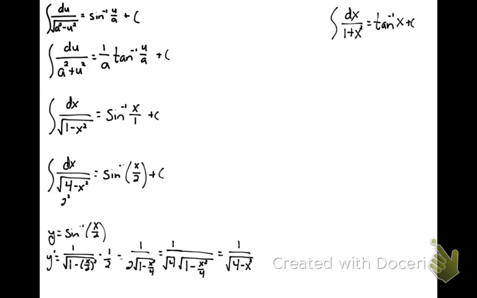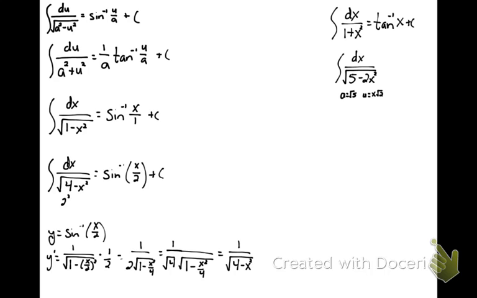How about a different one? What about the integral of dx over the square root of 5 minus 2x squared? Well, some things to recall. This looks a lot like inverse sine. A in this case is the square root of 5, and u in this case is x times the square root of 2.